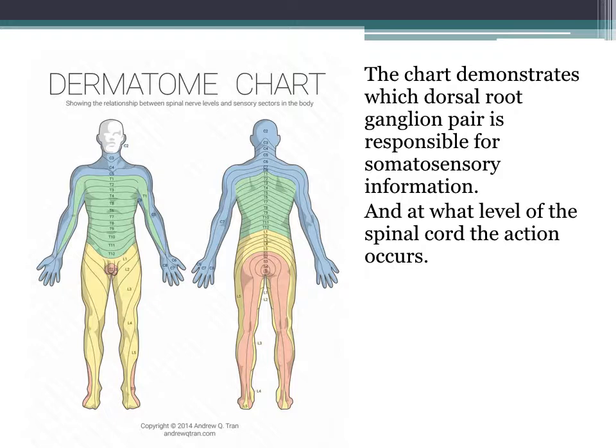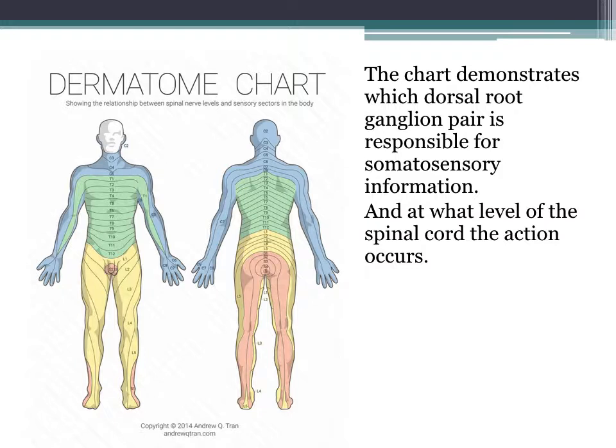So if we have injury to an area on the spinal cord, we can see how this particular chart is divided into blue and green and yellow and kind of a pinky peach color. If we had injury to the spine at that yellow area, which is the lower part of our back, then we would have decreased sensory perception below that area.